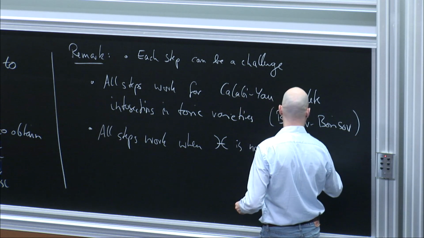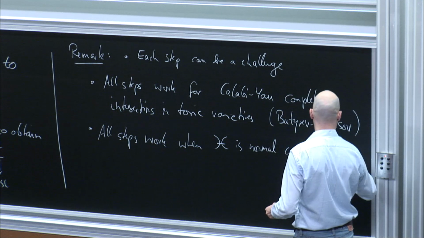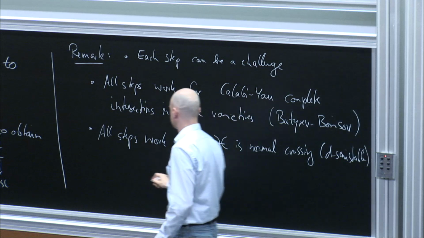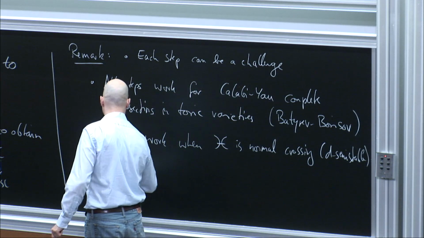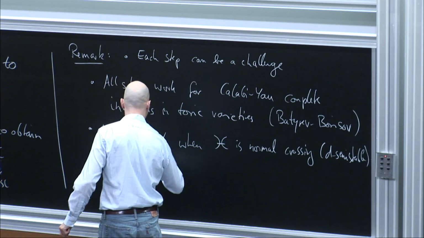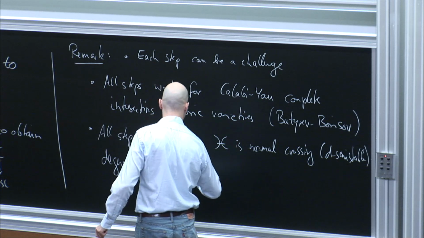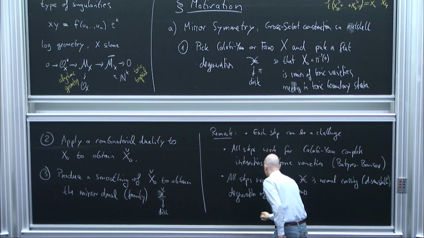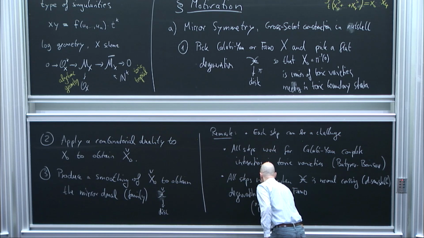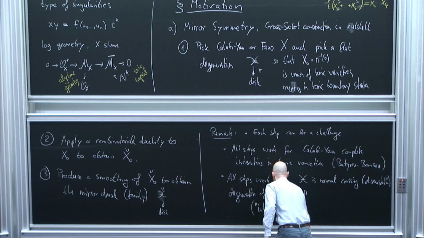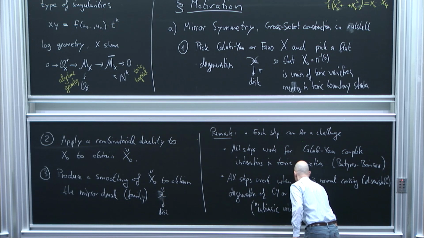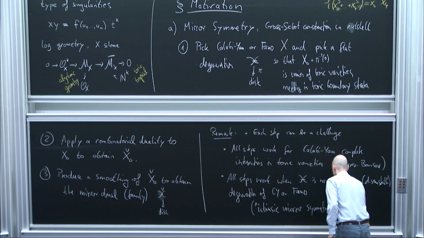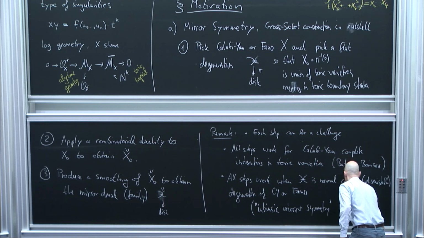That means d-semistable, a stable degeneration of a Calabi-Yau or Fano. So this is more recent, and it goes under the name intrinsic mirror symmetry. And it was proved by Gross and Siebert.